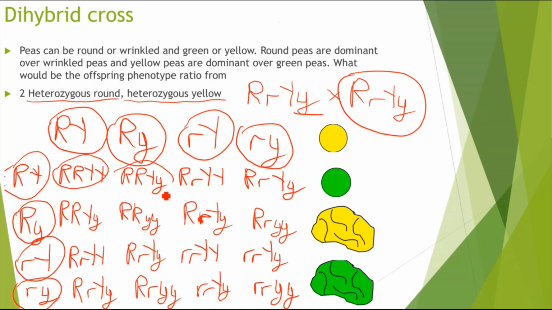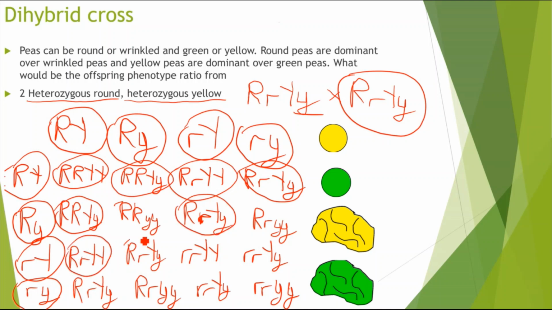The first one does, the second one does, the third one does, and the fourth one does as well. Now I'm going to look at the second row. I'm just going to keep circling the ones where I see dominant in both. And if I count them now, I will have 1, 2, 3, 4, 5, 6, 7, 8, 9. So I have 9.